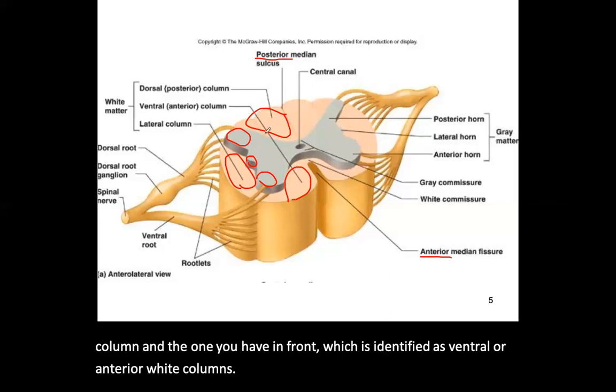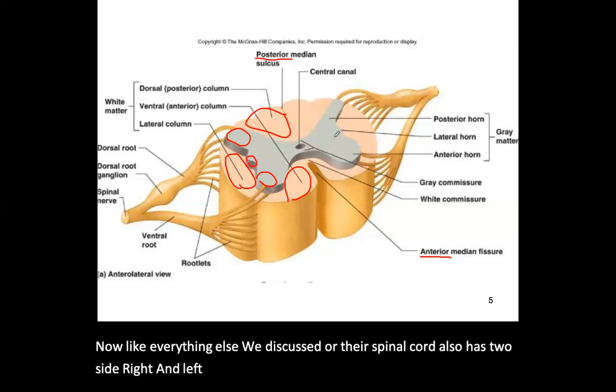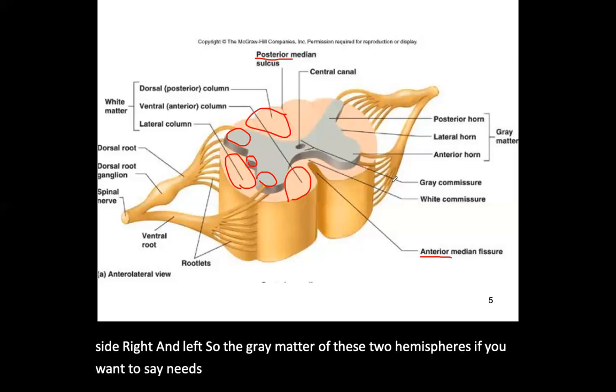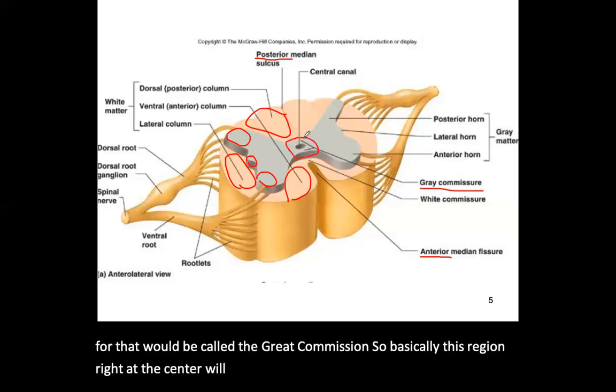Now, like everything else we discussed, the spinal cord also has two sides, right and left. So the gray matter of these two hemispheres, if you want to say, needs to be connected together. The point of connection would be called the gray commissure. Basically this region right at the center is your gray commissure.